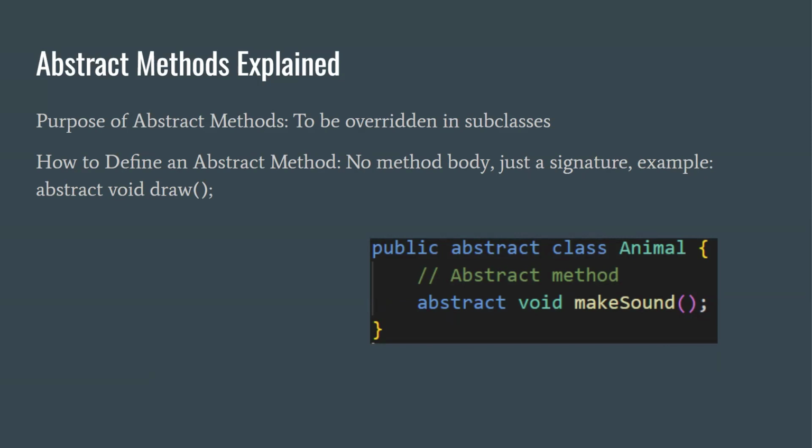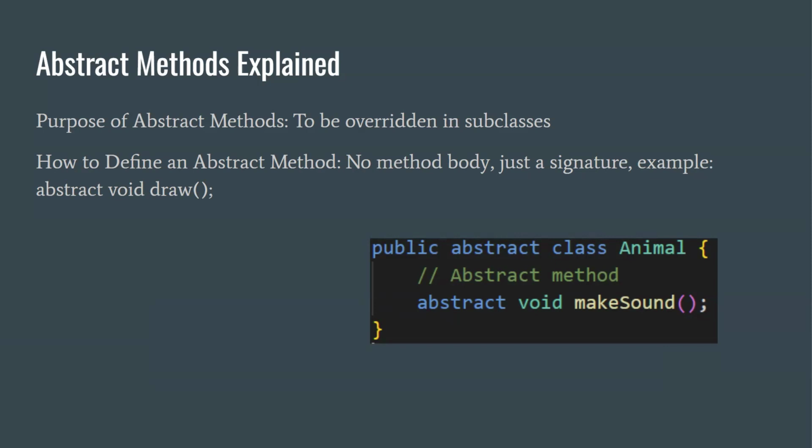To give you an example, say you have an abstract method void draw in a class shape, and it requires that any class that extends shape provides specific implementation details for how it should be drawn.